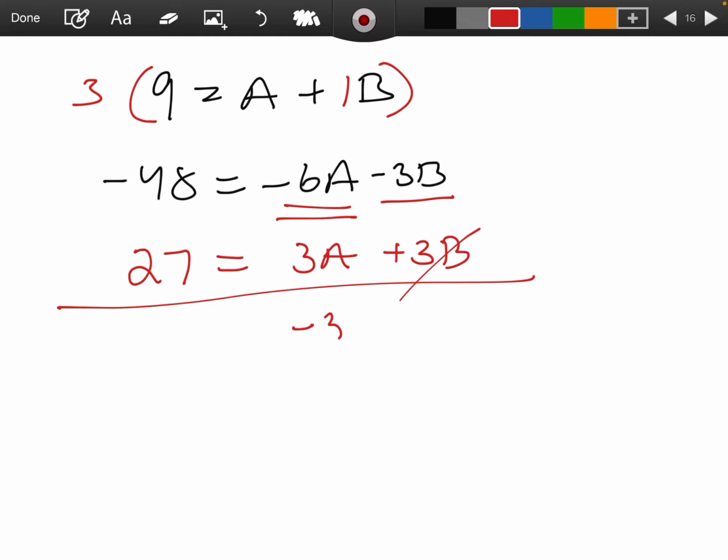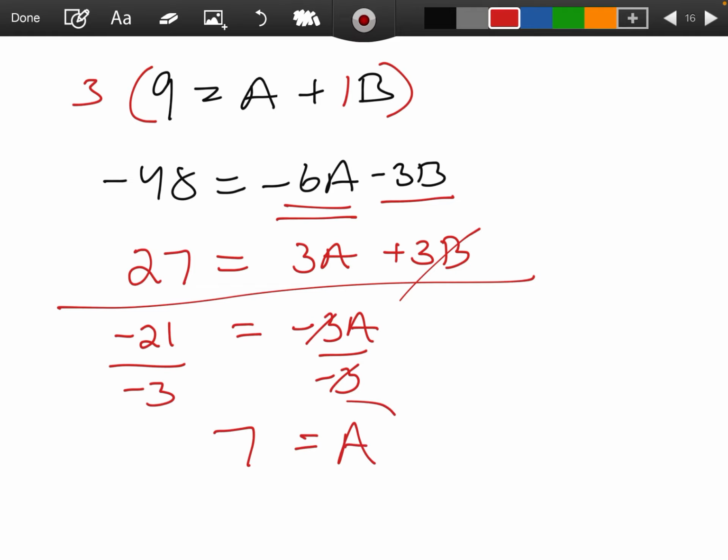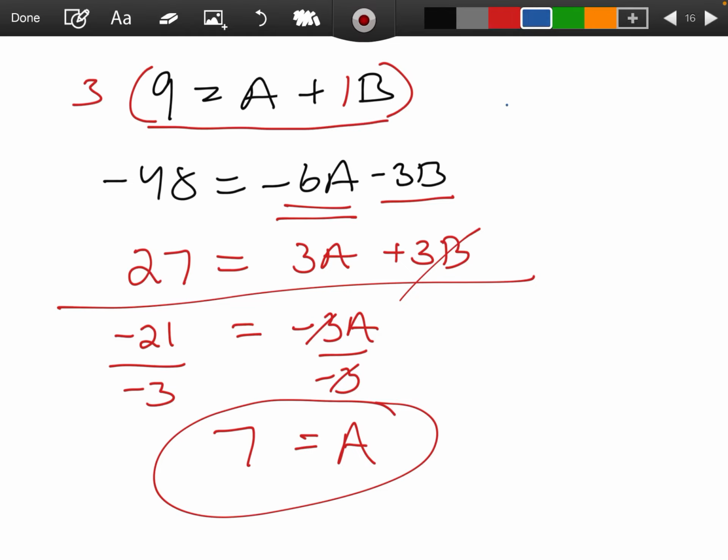And if we added straight down, those B's would cancel, right? And negative 6A and 3A would be a negative 3A. And negative 48 and 27 would be a negative 21. So when I divide by negative 3, we come up with A is equal to 7. Okay, so we got A is 7.